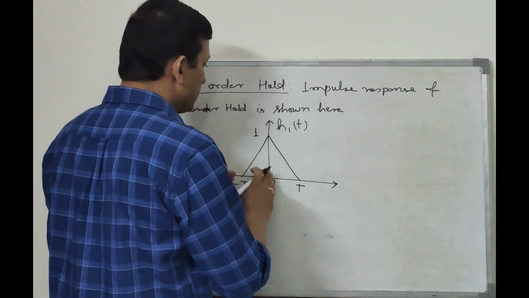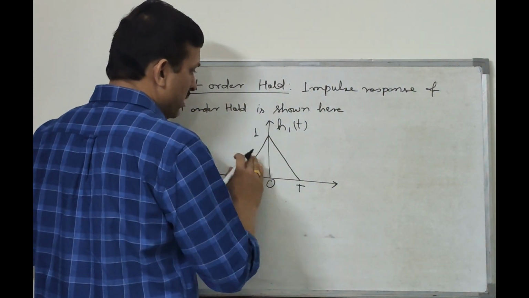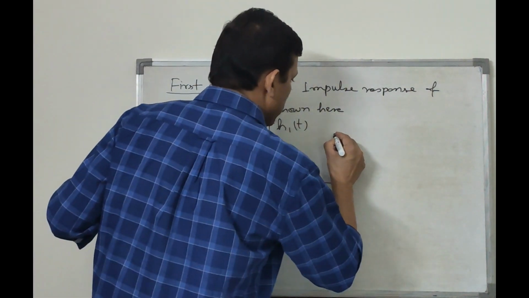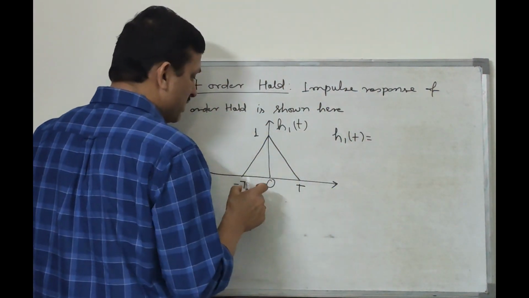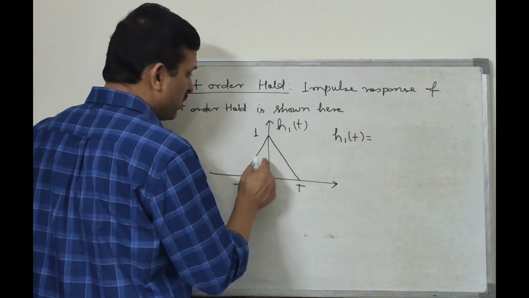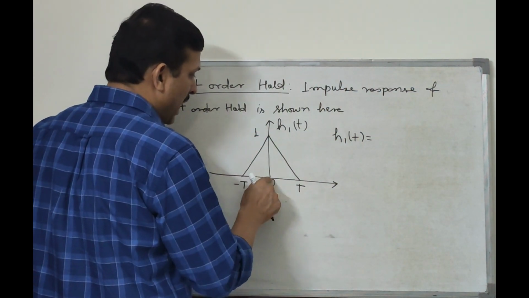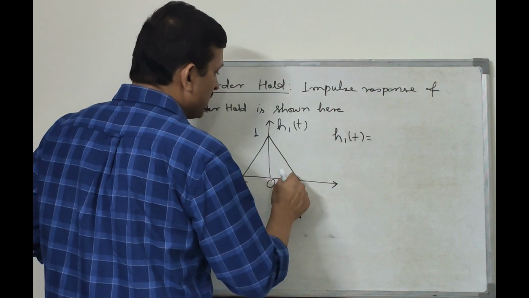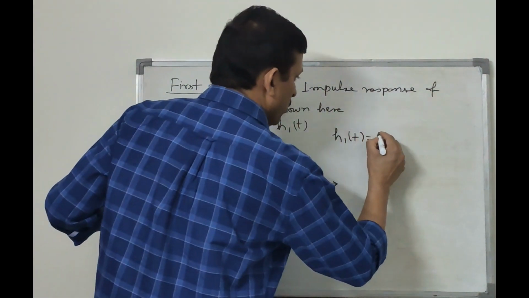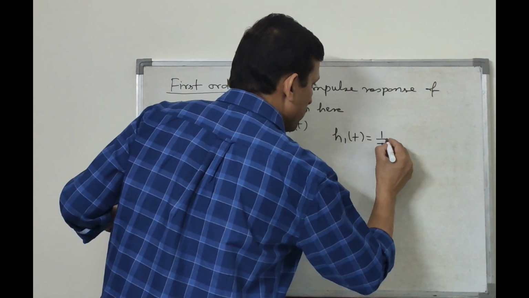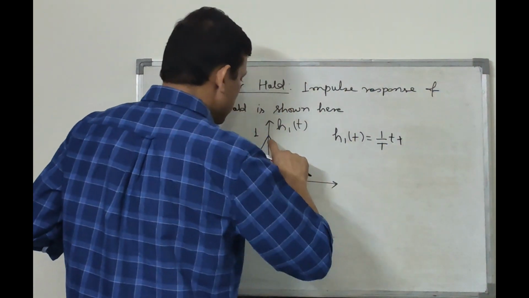Then we can define this impulse response in the time domain. What will be h1(t)? In two intervals, from minus T to 0 it has a positive slope, and from 0 to T it has a negative slope. From minus T to 0 it has slope 1 upon T, and the intercept is 1.